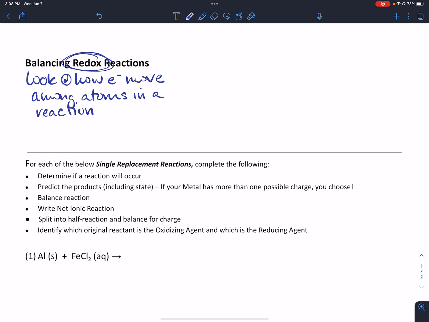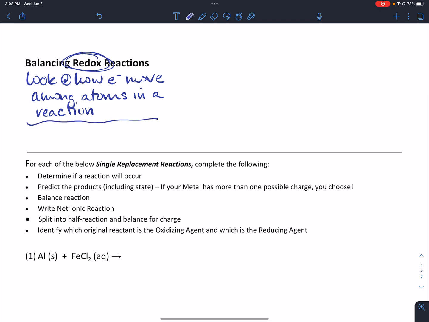We've been dealing with all types of reactions in chemistry: single replacement, double replacement, synthesis, decomposition, but we haven't looked specifically at what the electrons are doing at that particular level as these bonds are being broken and new bonds are being formed. That's what a redox reaction looks at, specifically how the electrons are moving amongst our components.